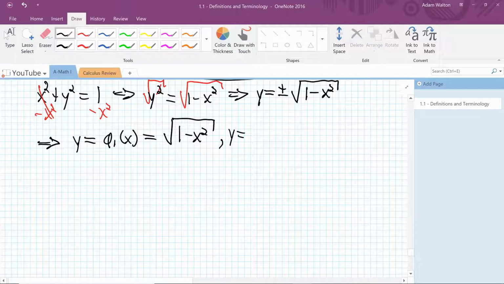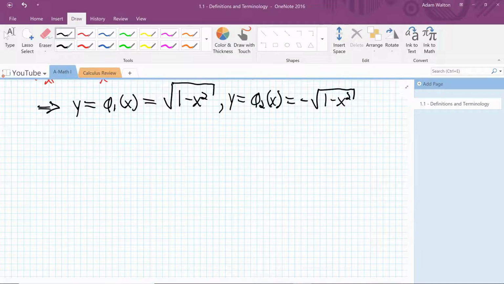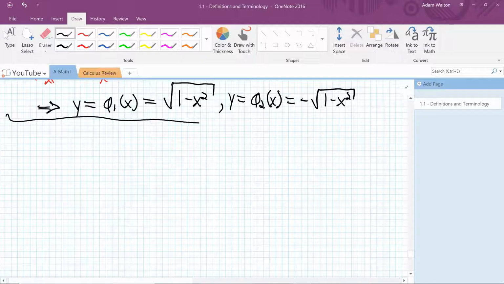And y is also equal to phi 2 of x, our second solution, which is equal to the negative square root of 1 minus x squared. So now we have our potential phi's of x. So we need to have both of these, right? Both solutions of phi of x satisfy both the relation as well as the differential equation. So let's go about doing that.